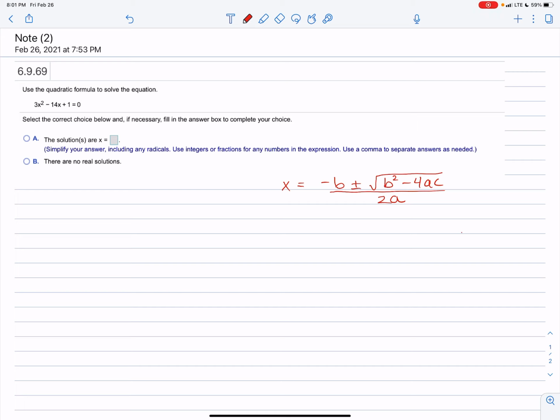So the first thing we need to do is to make sure that our quadratic equation is in the standard form. That is, some number times x squared plus some number times x plus some number equal 0. Well, it is. We have 3x squared minus 14x plus 1 equal 0.